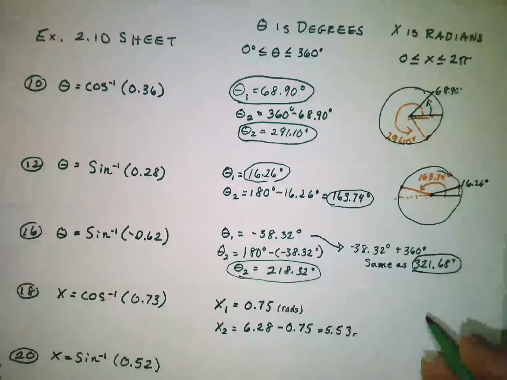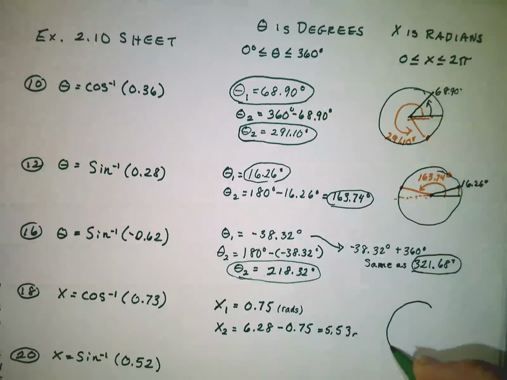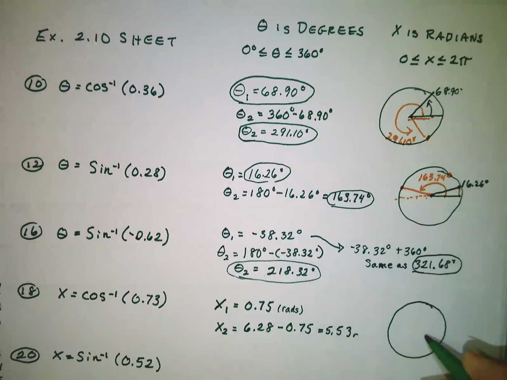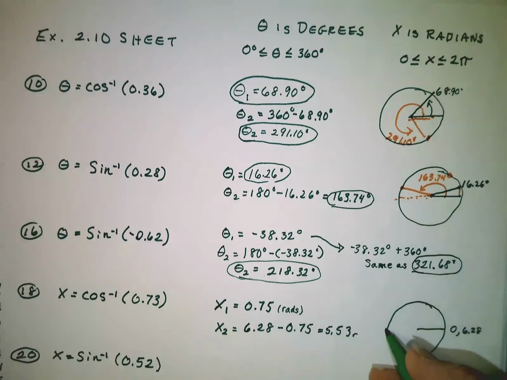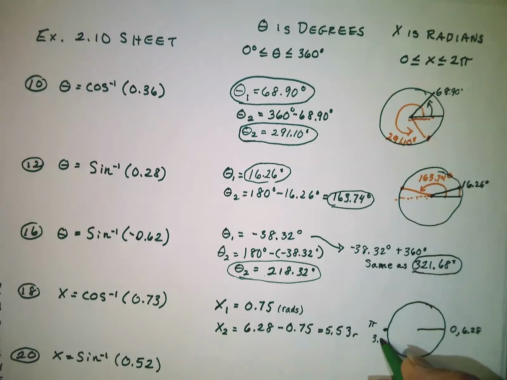We could check that out on the circle. Remember from earlier lessons, in radians this is 0 or approximately 2 pi. Over here this is pi or approximately 3.14 radians.